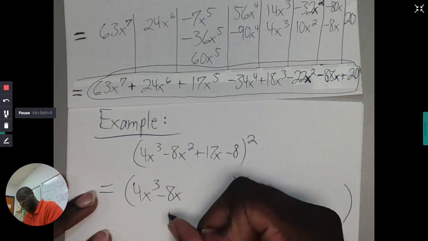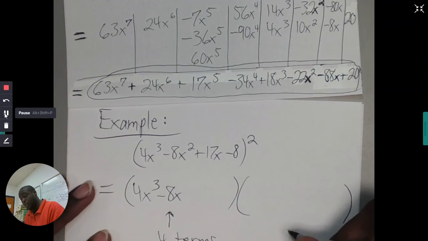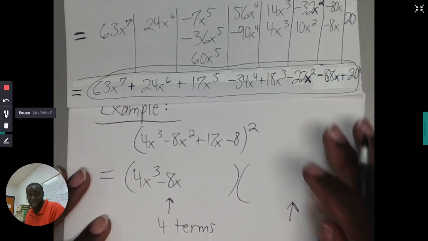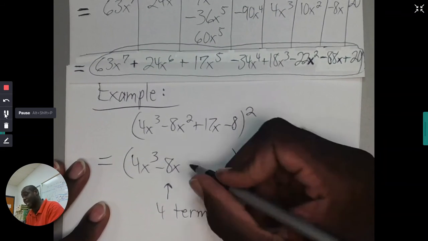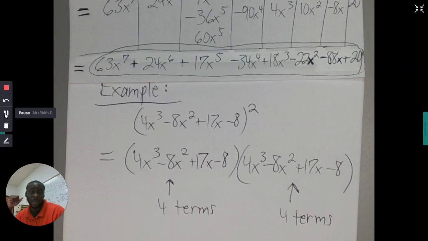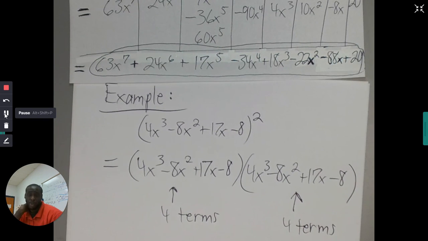Again, this is going to be 4 terms multiplied times 4 terms. You will have a result of 16 terms when you get done, and you will need to combine like terms. I do hope that this has been helpful to you guys with multiplying polynomials. Again, I'm not going to work this out, but I do hope that this has helped to explain how to use the box method or the area method with multiplying 2 polynomials.